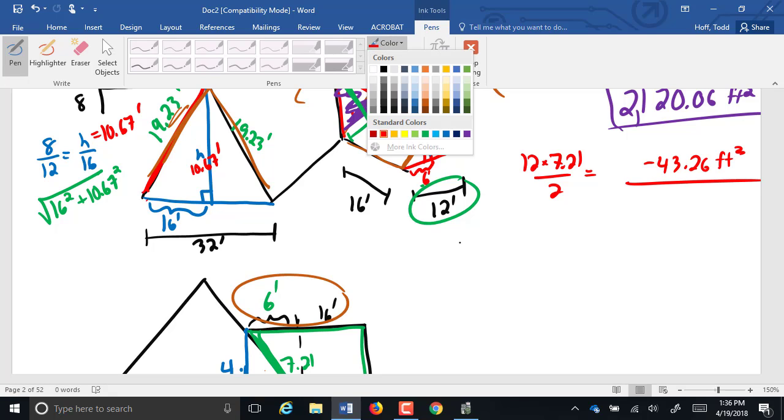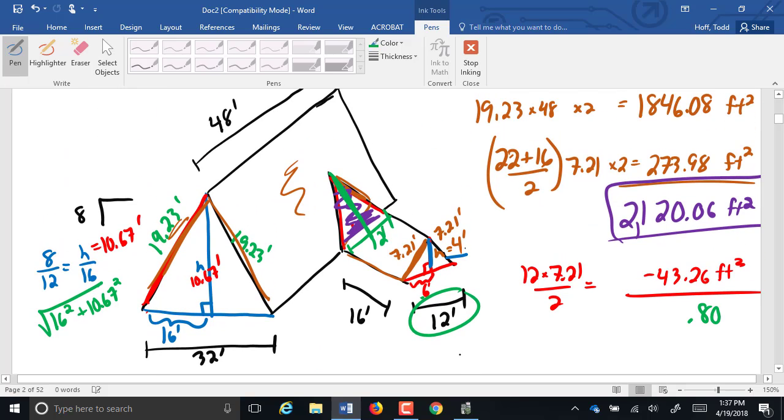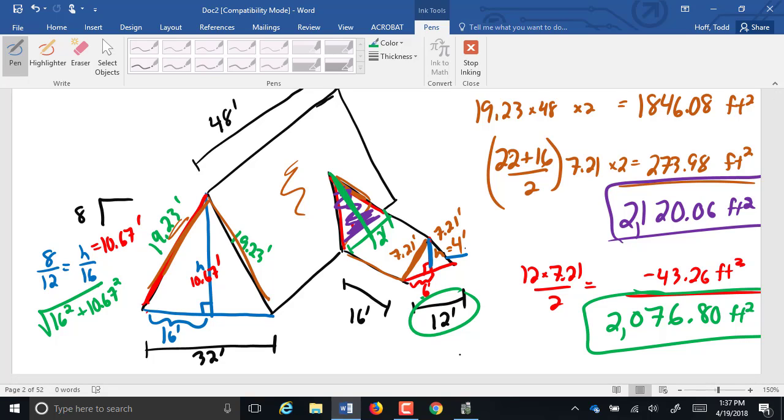So we subtract that out. We get 2,076.8 square feet is the area of that roof. What do you guys think? Yeah, a lot easier than that floor area. Okay, well, we've got a worksheet for you guys to play with.